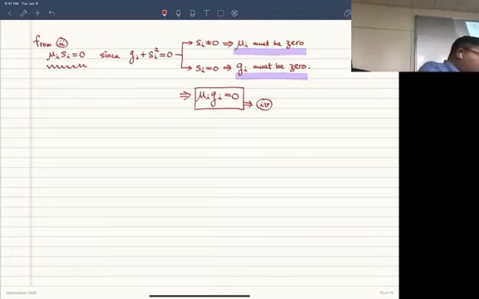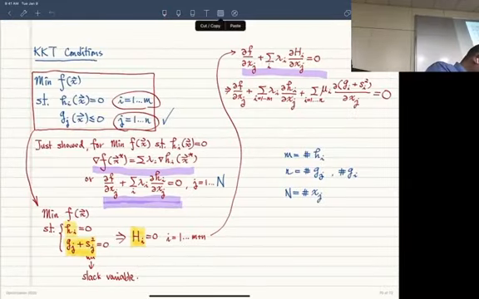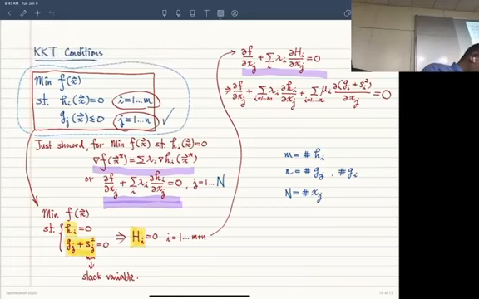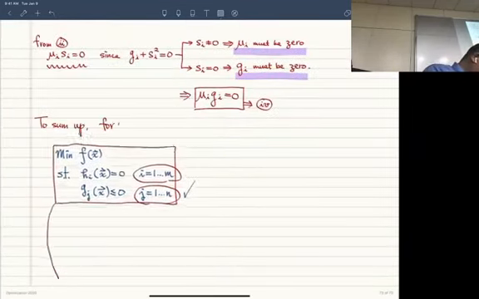Okay, now we have introduced a lot of equations. Then let's put them all together. So to sum up, for a general optimization problem, for a problem like this, copy, paste.